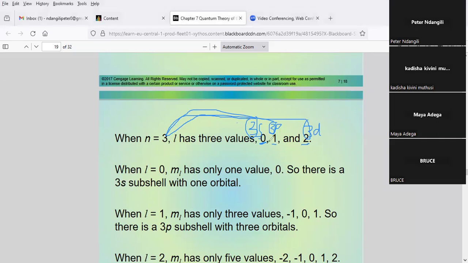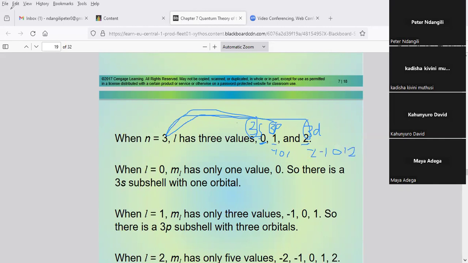When we talk about this 3p, it will have 3 ML values, and those are -1, 0, and 1. This one is going to have 5 values, which are -2, -1, 0, 1, and 2.